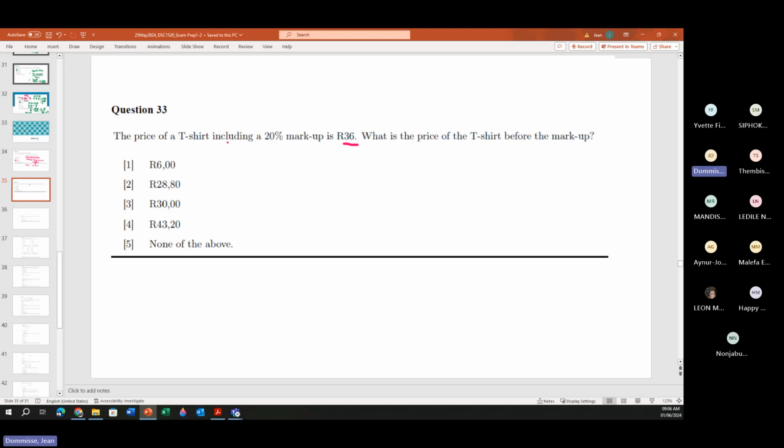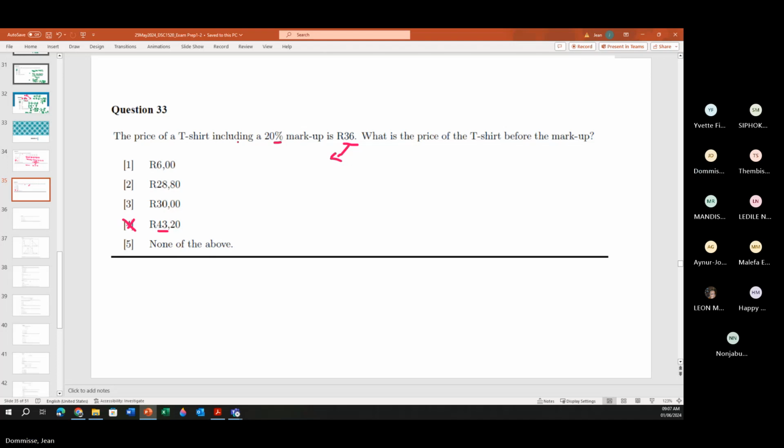The price before markup should be less than the 36. If you look at these options, 43 Rand will not be it, because it's a markup, so it means that the 36 Rand is more than what it previously was. So it can't be the 43.